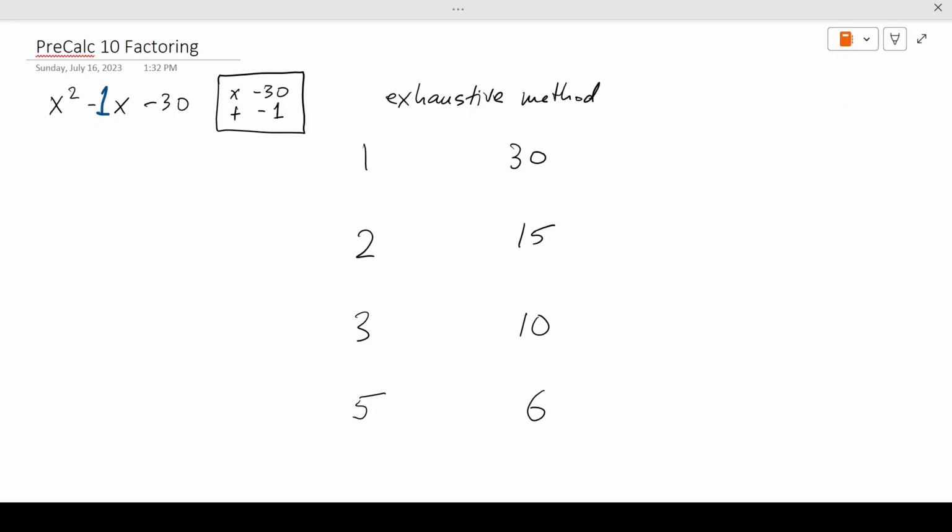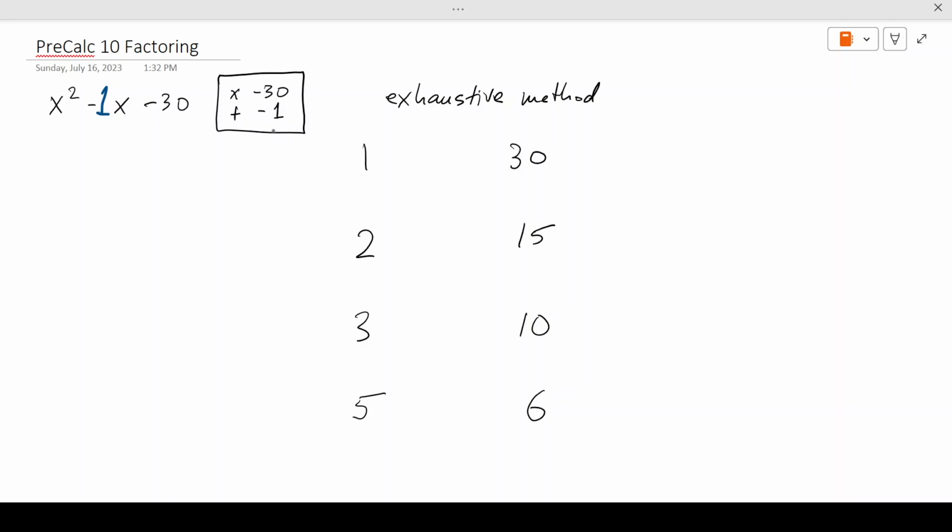So we've got all the pairs of numbers that multiply to 30, and now we have to figure out which of these would be negative. Now we're going to be really systematic here. Because we're multiplying to negative 30, one of our numbers has to be negative and the other one positive, because a negative times a positive is negative.